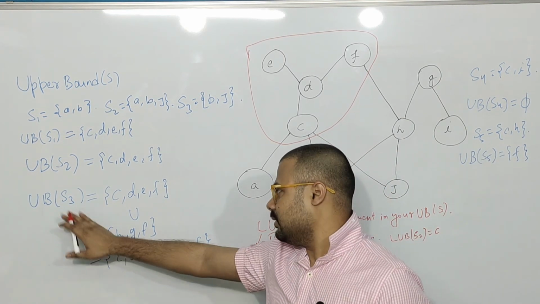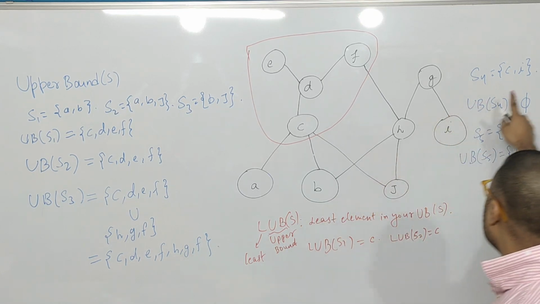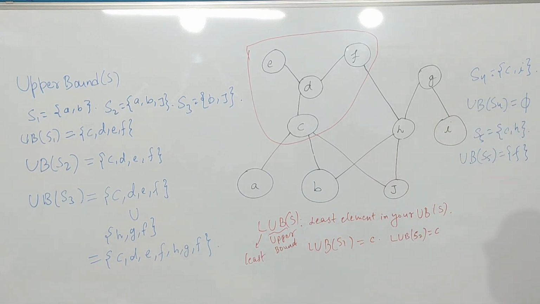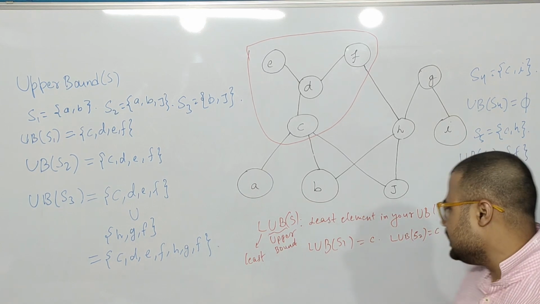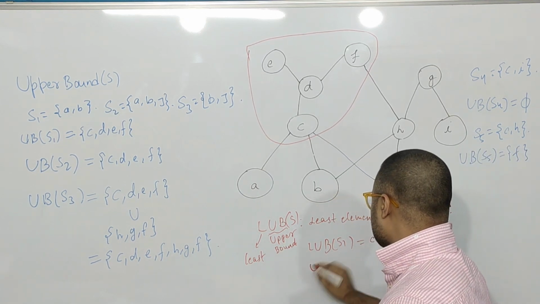We will look at the least upper bound of S3 in a while, but now look at S4. The upper bound is empty. There is no element in the upper bound, so the least upper bound does not exist. There is no question of a least upper bound.